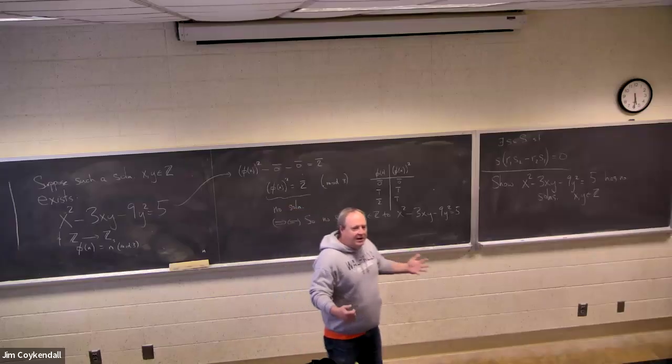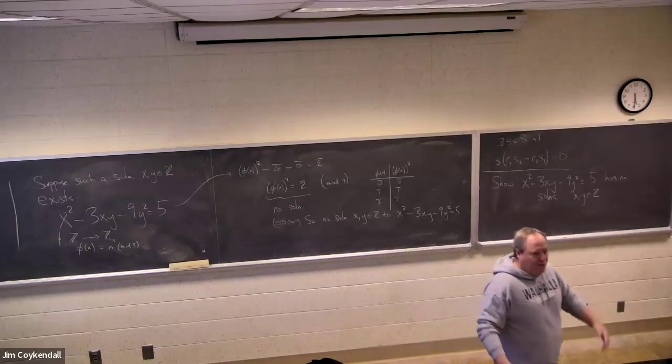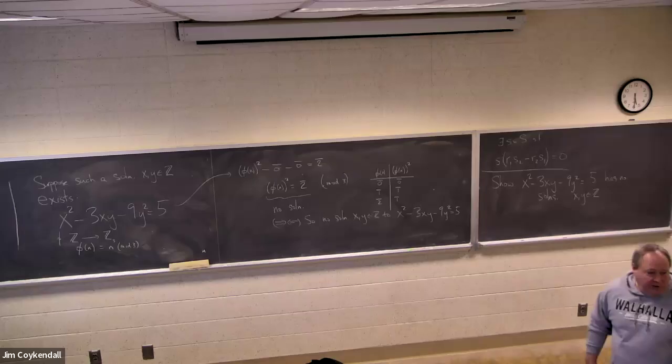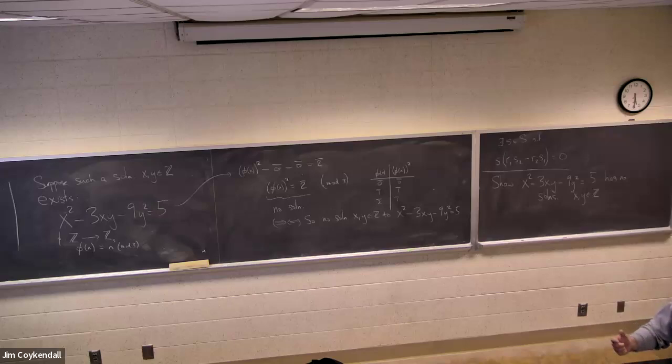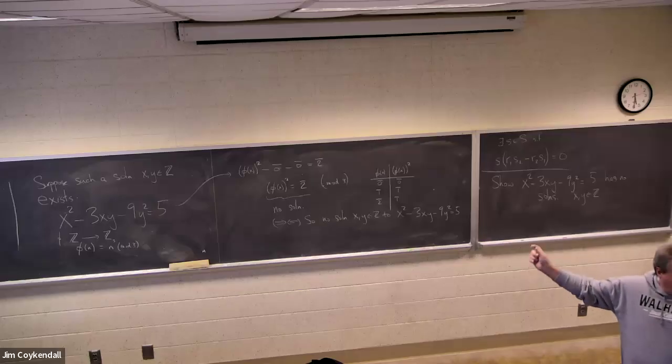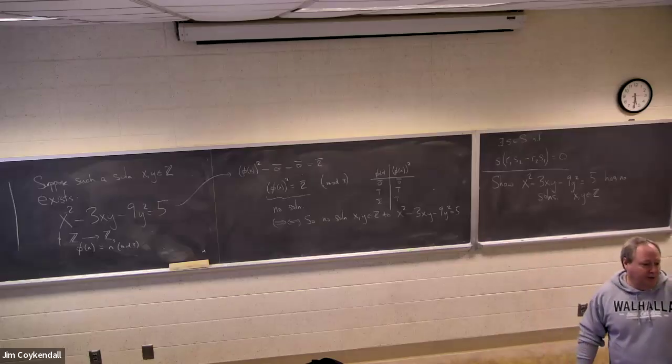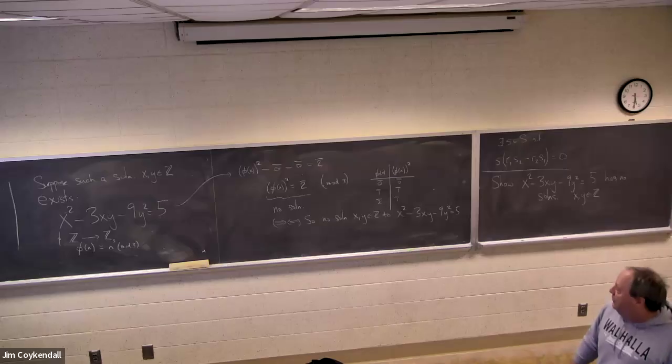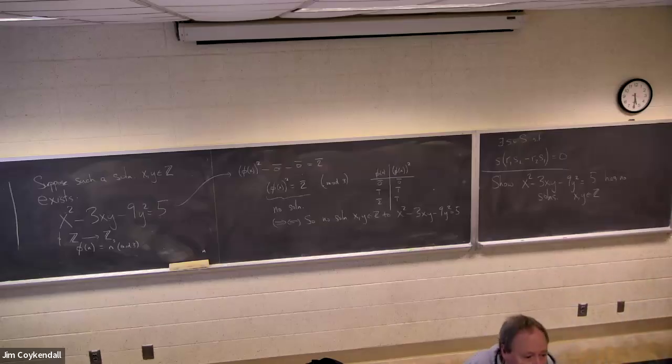We tested and we found that none of them work. Therefore, there can't be an original solution. Now, you might complain at me and say, what if there was a solution there? Well, that's a little bit more delicate, because just because there's a solution there doesn't mean that there had to have been one in the first place. And that's more delicate analysis. But it certainly does help to eliminate things, right?